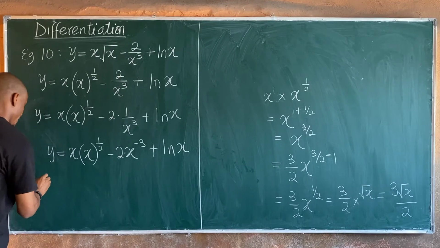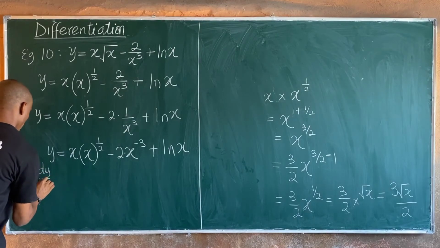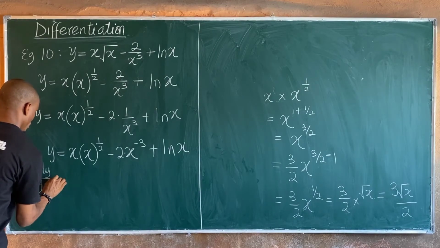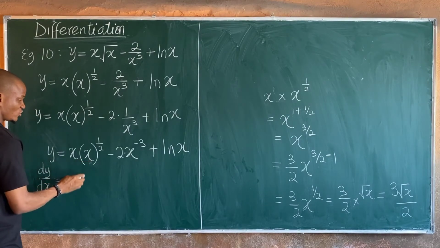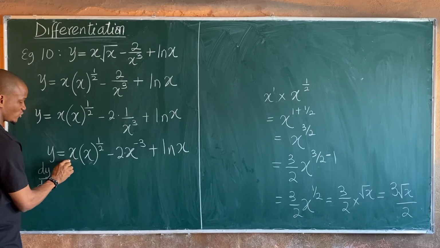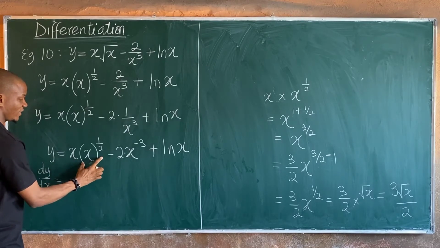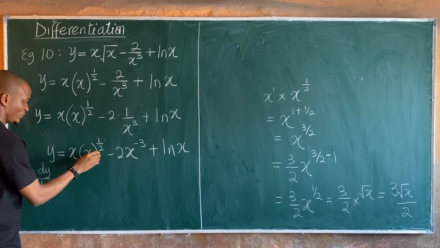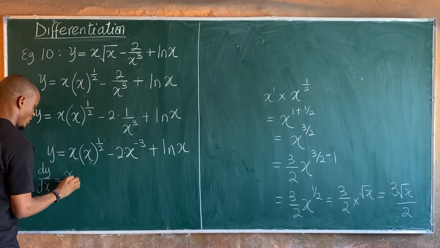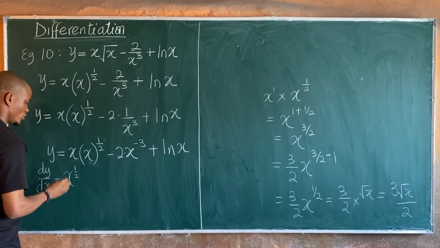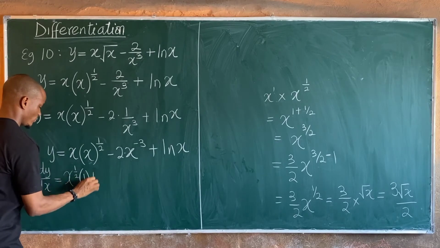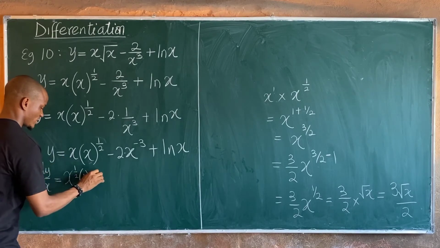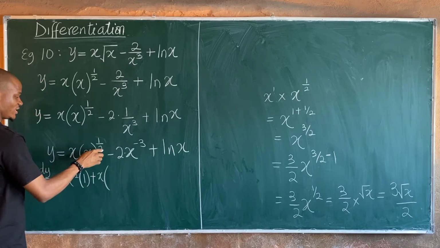I'll have that dy over dx is now equal to, since these two are multiplying, I'll use product rule for this one here. So u is x, v is now all of this here. So v is x power 1 over 2, du over dx, u is x, du over dx is 1, plus u, which is x, into dv over dx.